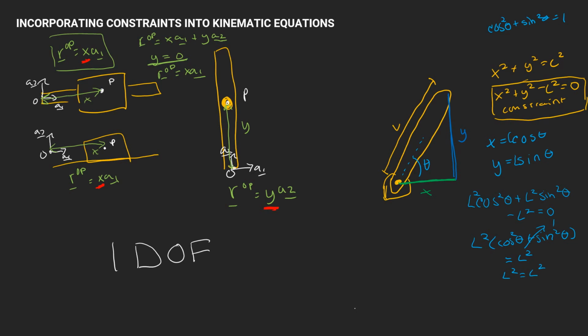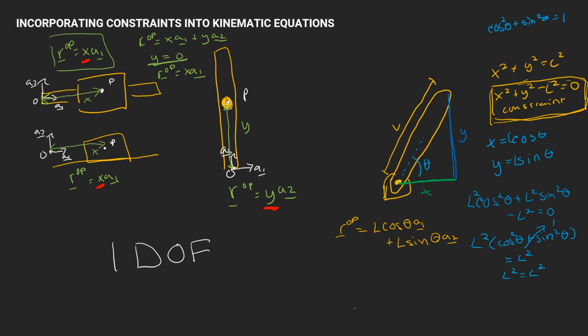So just by writing this position vector, r^OP, as L cosine theta a1 plus L sine theta a2, we're incorporating this constraint.